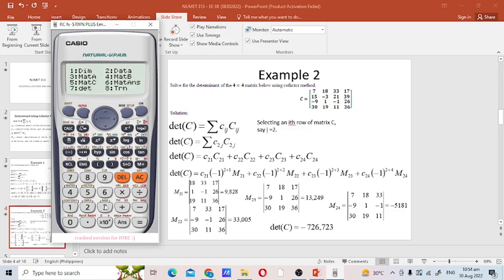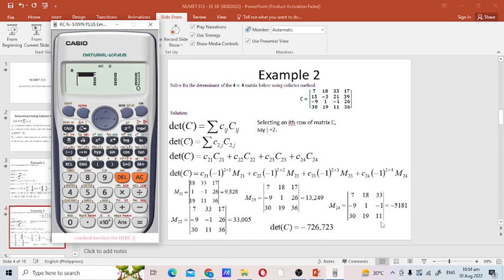So let's try matrix A and shift, matrix A, shift for data. Data for matrix A. It's a 3 by 3 matrix, right?